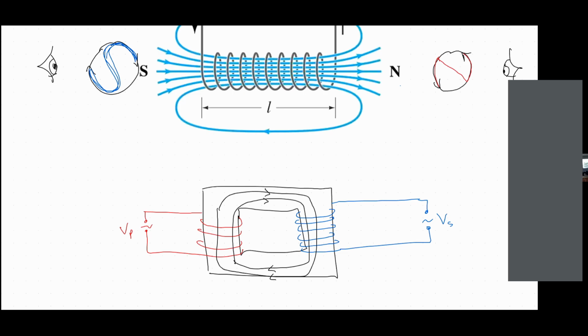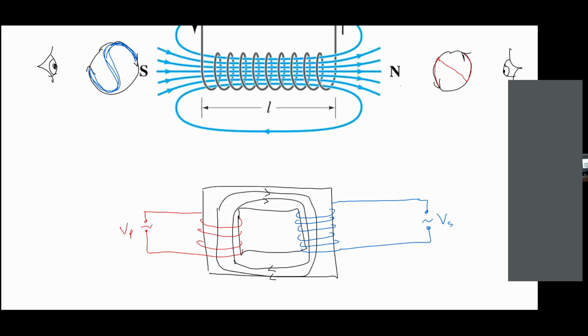So I want you to be aware that the magnetic field will preferentially go in the iron. It's 5,000 times more magnetically permeable than free space or air, which is basically free space.